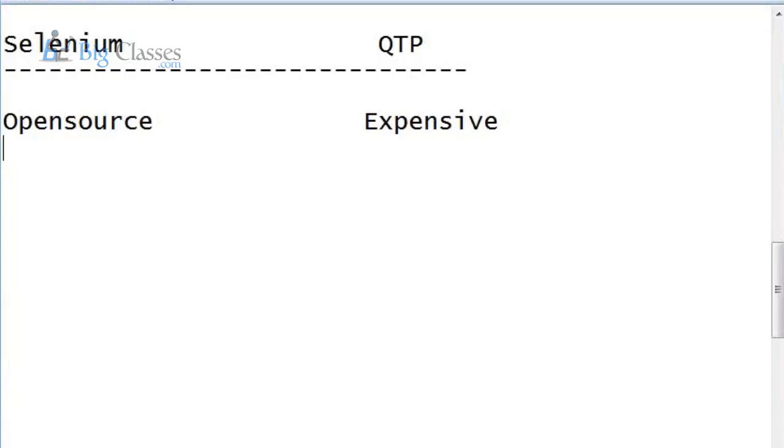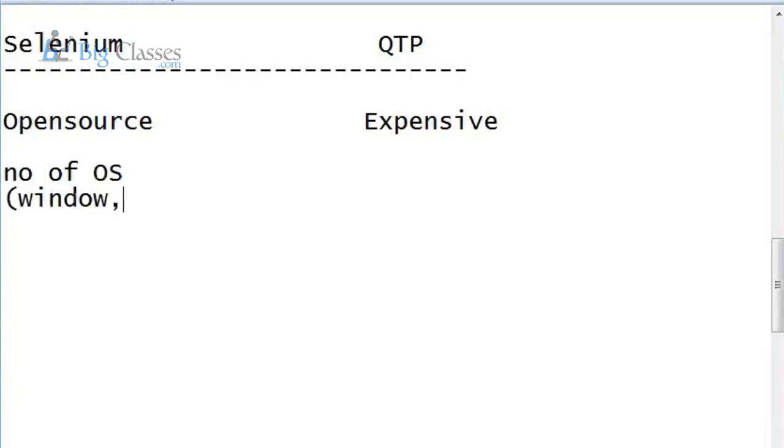So Selenium being open source means free of cost, so any company can use it, small size companies and MNCs. Also, Selenium can support a number of operating systems. What are the operating systems supported?